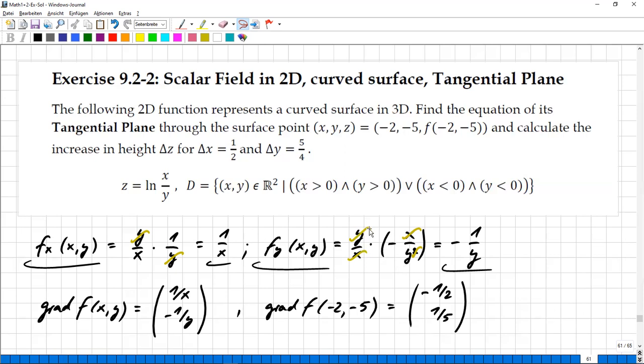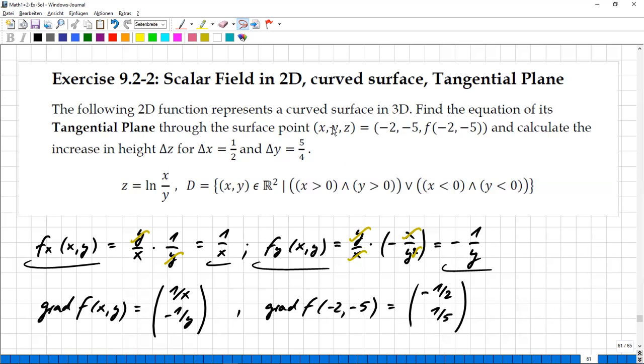You see, the y in the numerator cancels against one of those in the denominator. Everything that remains is negative 1 over y, so it was not a surprise. So the gradient would be 1 over x, negative 1 over y, this time.